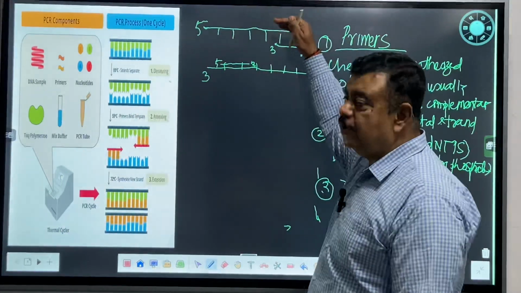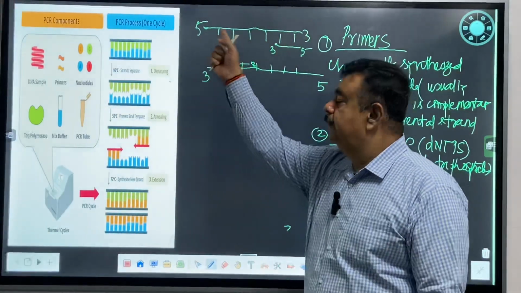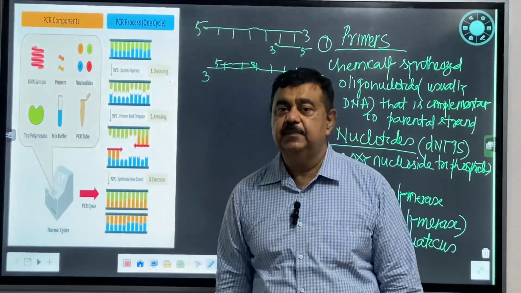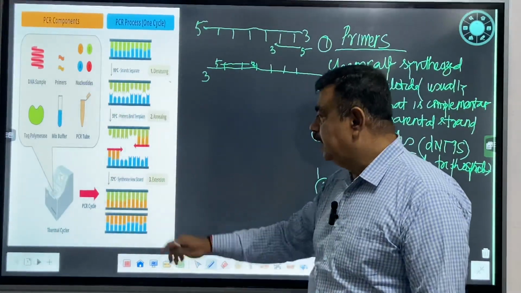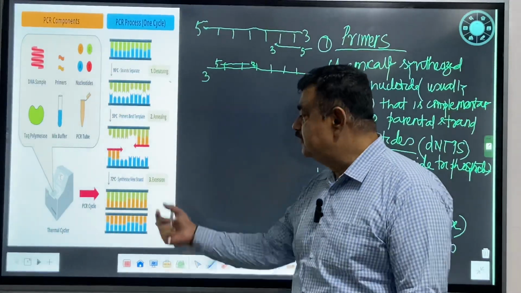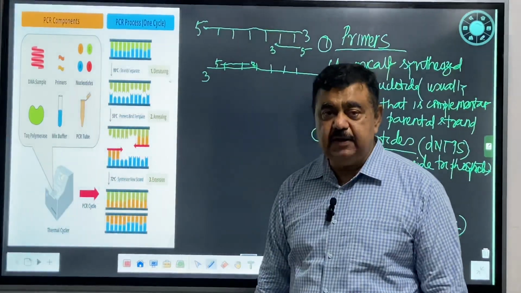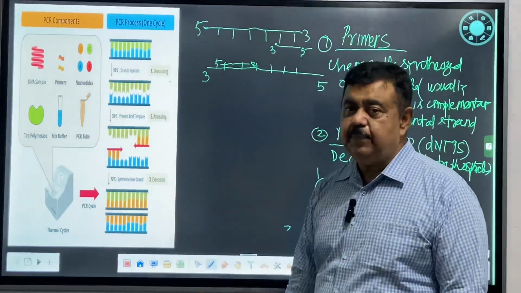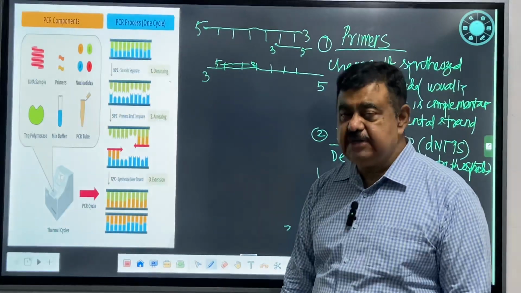So hybridization of the primer with the parental DNA, this step is called annealing. Then the temperature is again increased in this machine, up to 72 degrees centigrade. Under this temperature, the third step progresses, that is called extension.